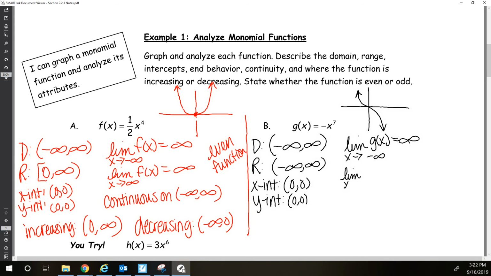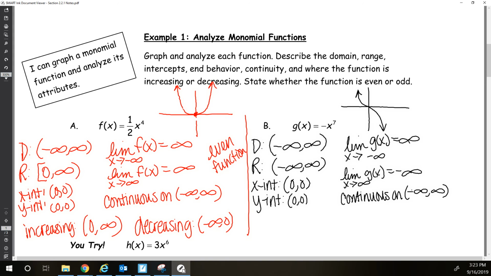The limit as x goes to positive infinity of g of x. As we go to positive infinity, we are going down to negative infinity with our y's. Again, it is a polynomial. We have no asymptotes, no holes, no domain restrictions. So we are continuous on all real numbers, negative infinity to infinity.